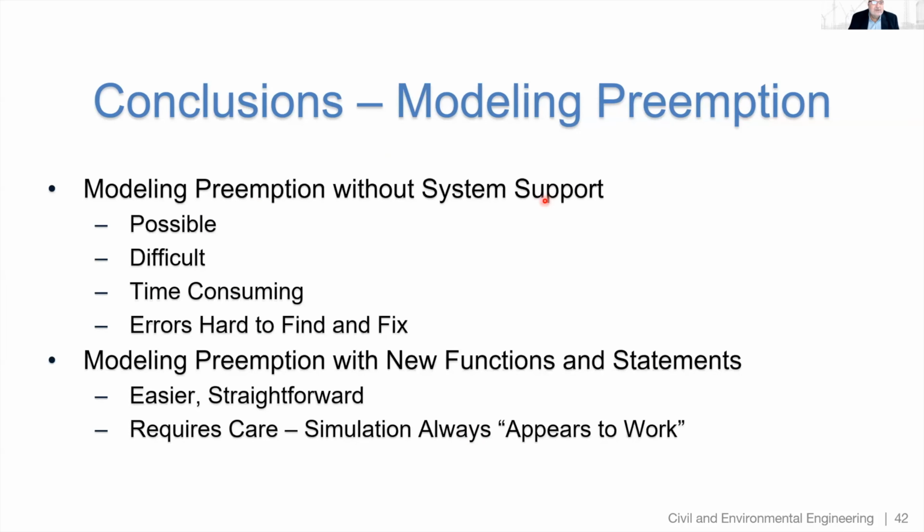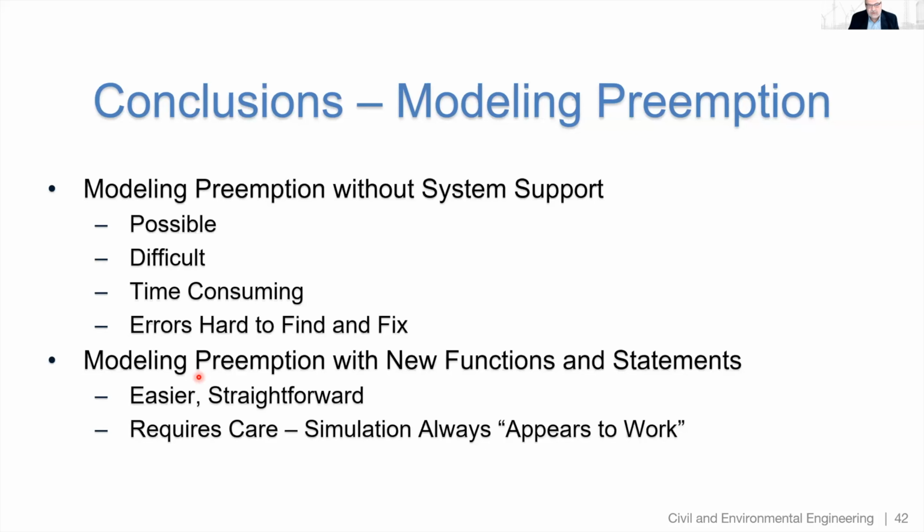Now, the other conclusion is how to model preemption. I've already told you these conclusions. If we try to model preemption without system support, it is possible, but it's very difficult and very time-consuming, and the errors are hard to find and hard to fix. And I know this from first-hand experience. Modeling preemptions with the new functions and statements makes things much easier and straightforward.